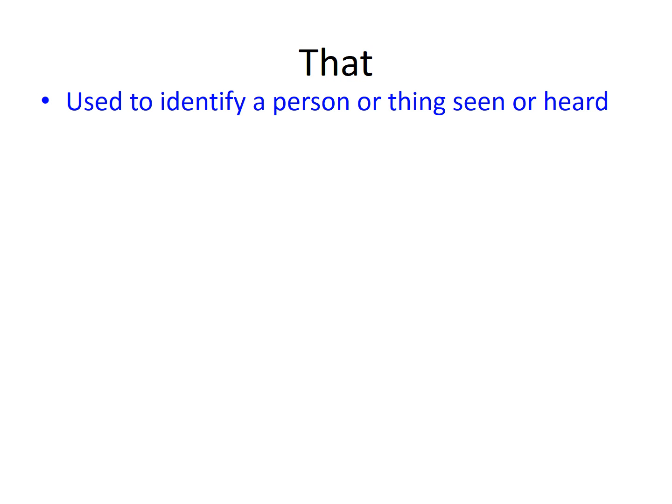Next up is that. It is used to identify a person or a thing that is seen or heard. For example, that's my hat over there. They can see the hat just over there. It's close by. That is also used when mentioning something that's already been considered, known or understood.